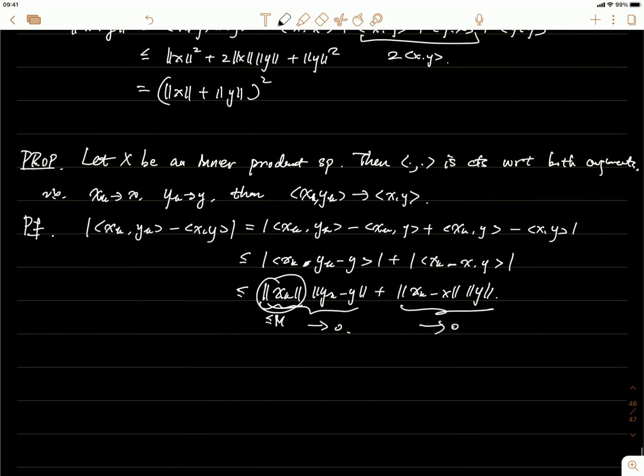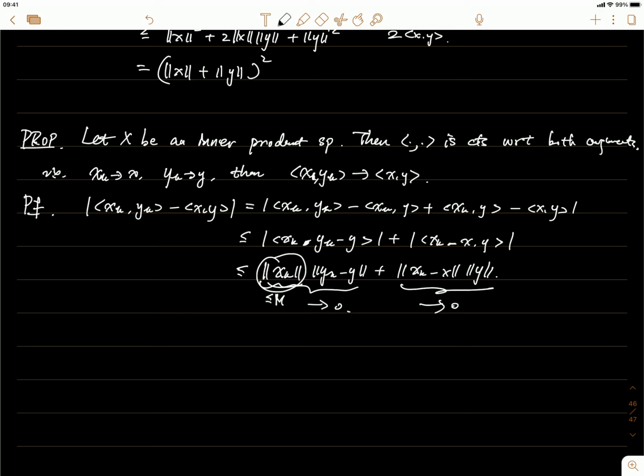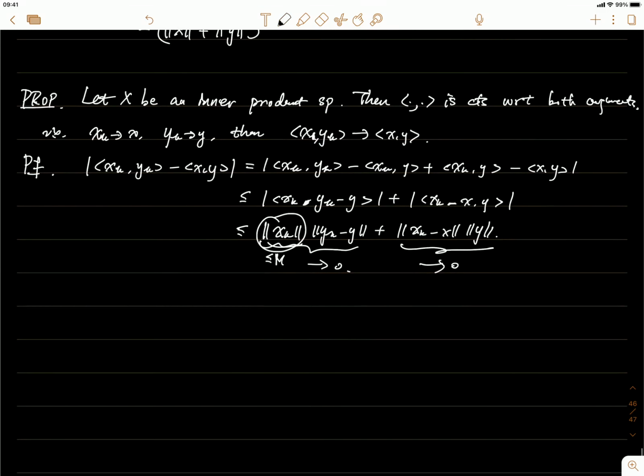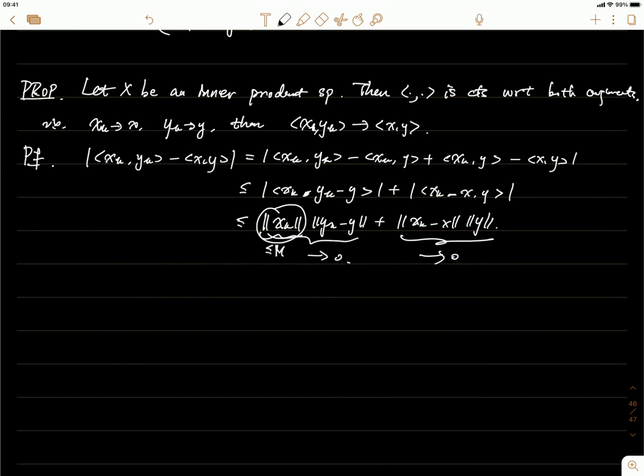So you need to show that xk is a bounded sequence since it's convergent, and then you can show that both terms go to 0. This is how you show that the inner product converges. Okay, so that's a common technique, similar to the one that we used to show the product of two convergent sequences. If I make a component-wise product, you get a new sequence xk yk, and you want to show that it converges to xy if they are all numbers. The technique is the same as we did in analysis.